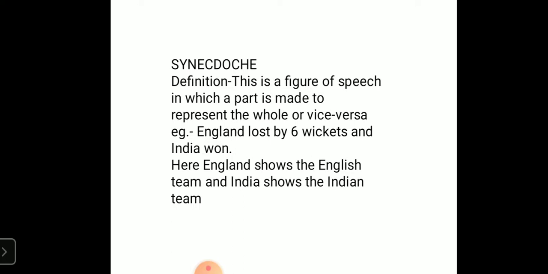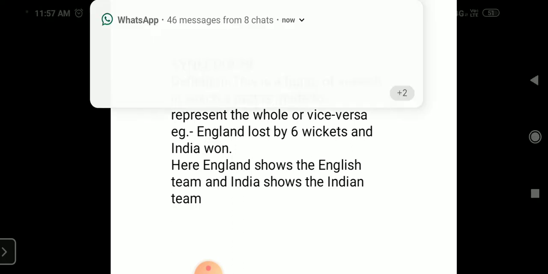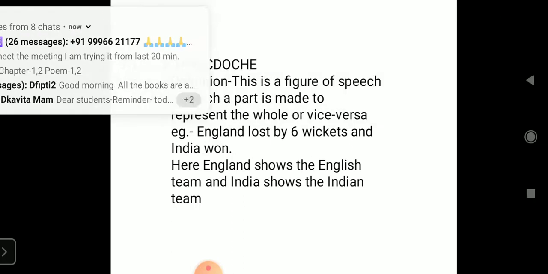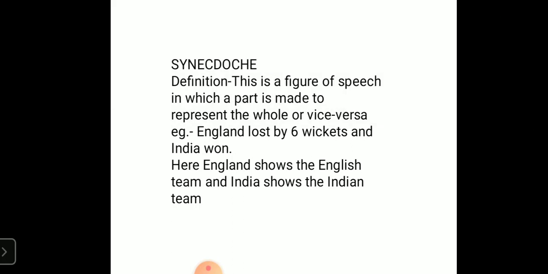What is it? This is a figure of speech in which a part is made to represent the whole, or vice versa. Means part as a whole or whole as a part, right? I will also say something a bit funny, I call it 'everyone's feet in the elephant's footprint'. Meaning when we say one small thing and everything becomes clear, then it is called synecdoche. How?